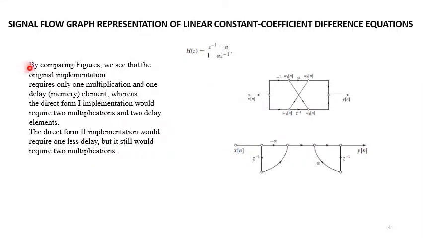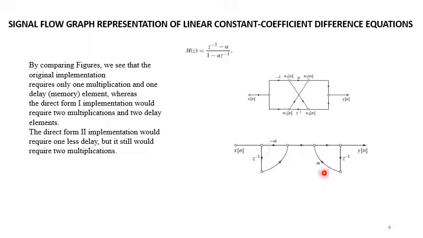So by comparing the figures, we see that the original implementation requires only one multiplication and one delay, or memory element, right? So that's the original implementation, and you can see we have only one delay and one multiplication, whereas the direct form 1 implementation would require two multiplications and two delays, right?